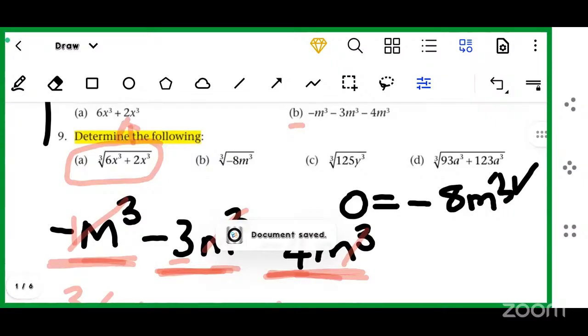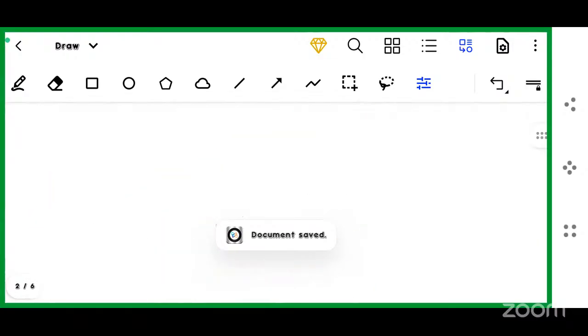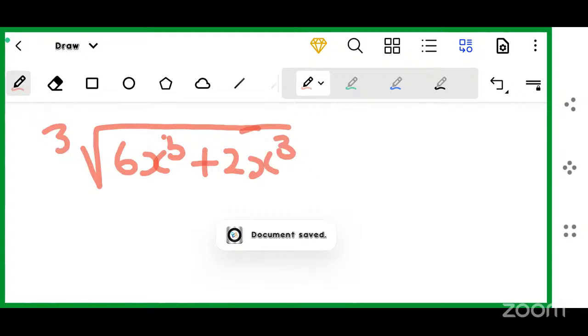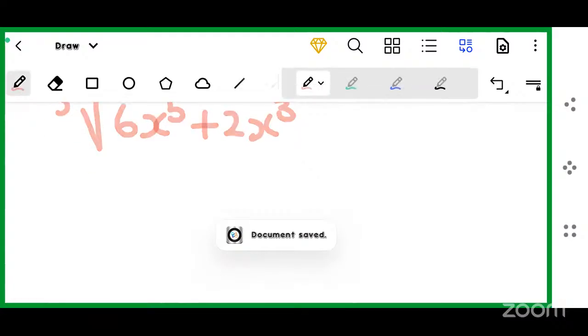Okay, remember, you have a root here and a power of 3. So what is going to happen here, Manahil, is that you're going to have x to the power of 3 plus 2x to the power of 3, and we have a cube root there.